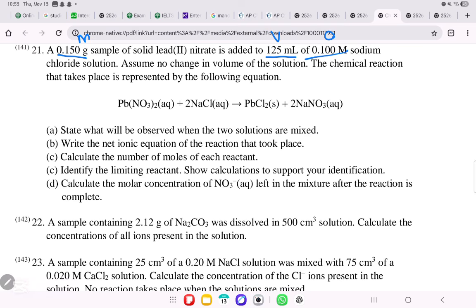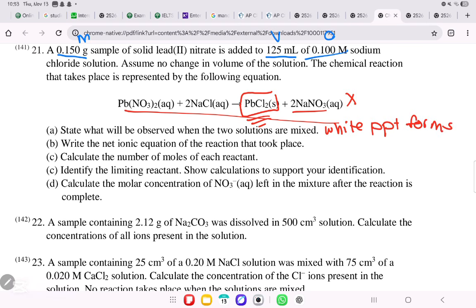The chemical reaction that takes place is represented by the following equation. They told us, state what will be observed when the two solutions are mixed. Based on the equation they gave us, we will have a solid in addition to something aqueous. We don't observe anything aqueous. However, we observe a solid, and PbCl2 is a white solid, so a white precipitate forms.